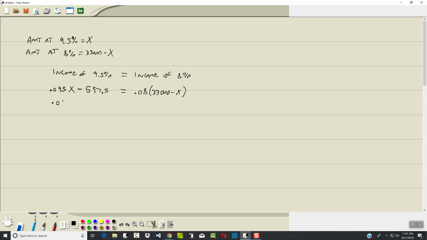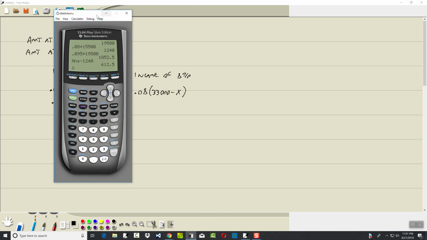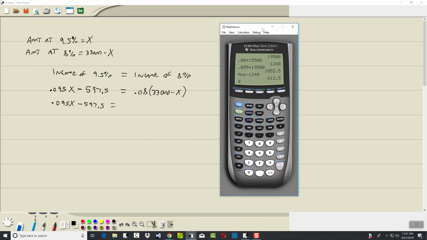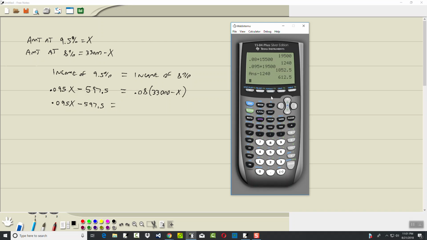Okay, so we got 0.095x minus 597.5. Then we're going to take 0.08 times 33,000. You see this here, right here. I already solved this problem for somebody else.